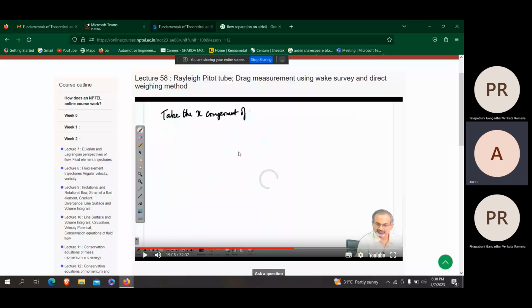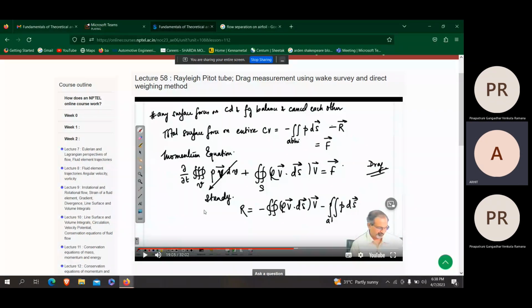Yes, sir, this one: del by del t of the volume integral of rho V dV, plus the surface integral of rho V (V dot dS), equals the forces. So this is the equation that we need to focus on. Here the momentum equation is something like: first is the acceleration terms, and then rho V bar dS dot V bar is your surface integral, and then your forces.